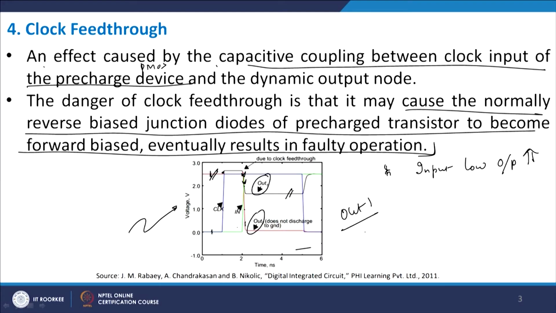So, now you see what out 1 is. Out 1 is primarily the voltage at the output of node 1, which I discussed with you earlier, and it does not even reach the value of 0. Out 1 is the value of voltage when your clock is going high. You see this blue curve in front of you, the clock is high, right. The clock being high means my output should be falling down depending on the input.